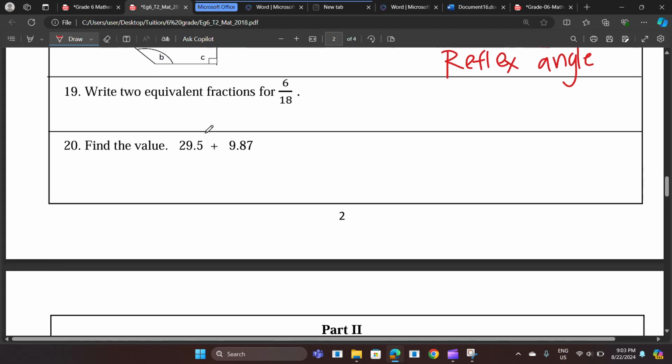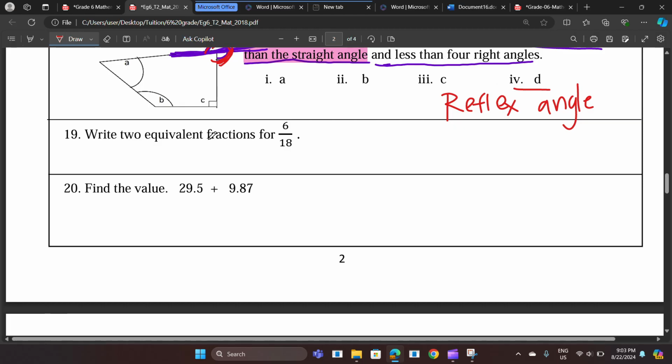Next one. Write two equivalent fractions for 6/18. Okay, it is easy for you. We have learned fractions. In here, we can divide or multiply both sides by the same number. So we can divide both numerator and denominator by 6.